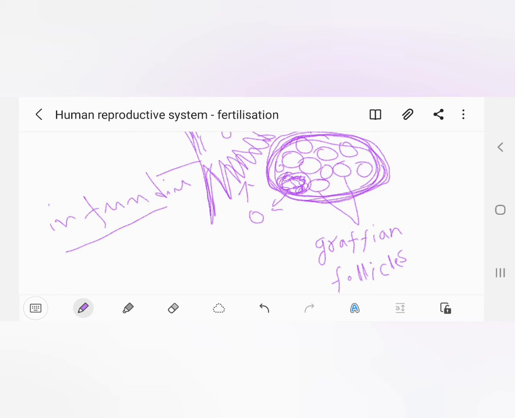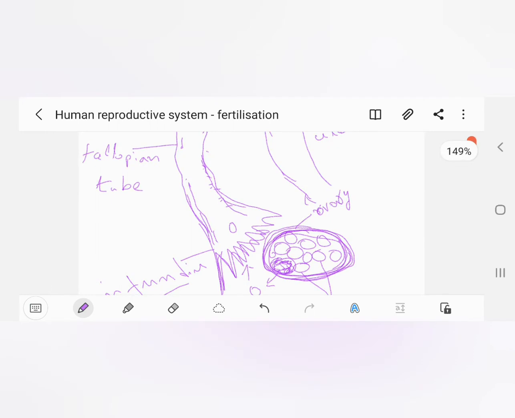From there, it slowly moves forward in the fallopian tube. For the movement of the ovum, the inner epithelial tissue plays an important role. The inner walls of the fallopian tube are lined by ciliary epithelium, and the cilia of the epithelial cells enable the ovum to move forward.